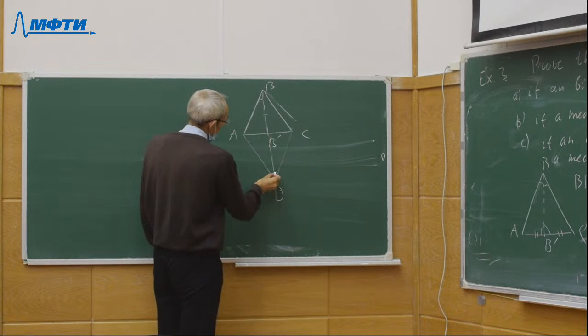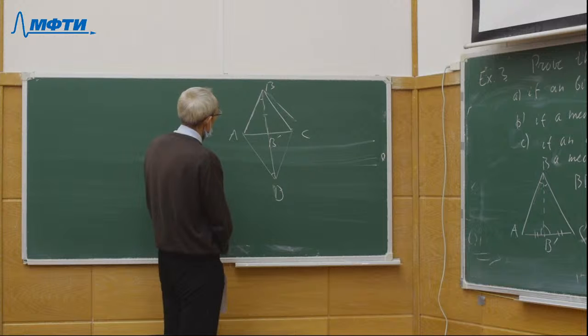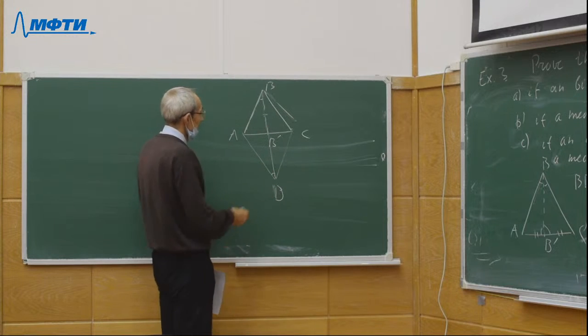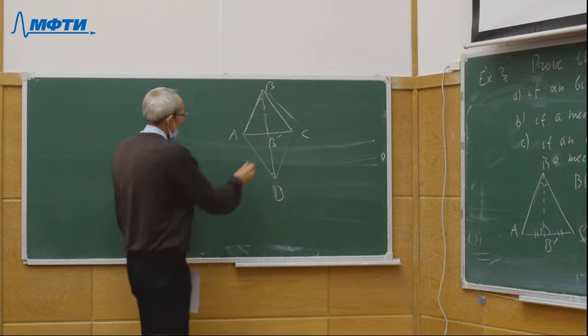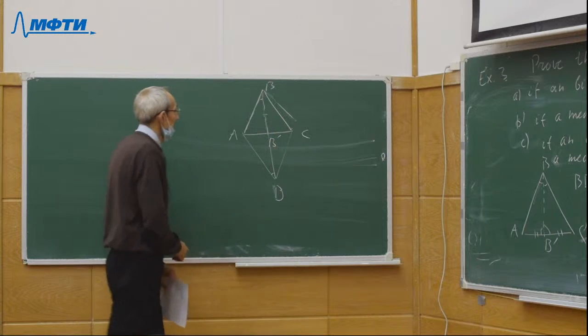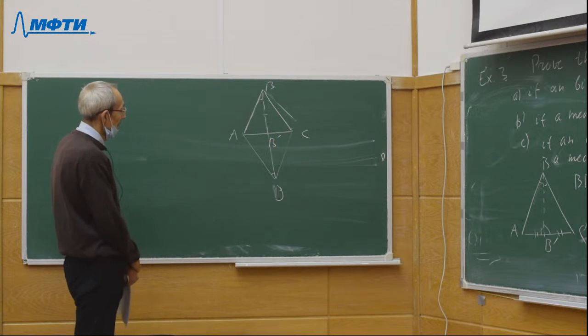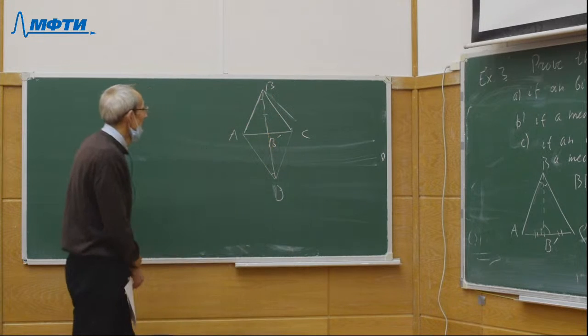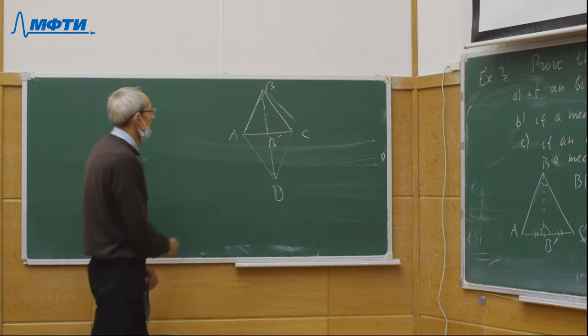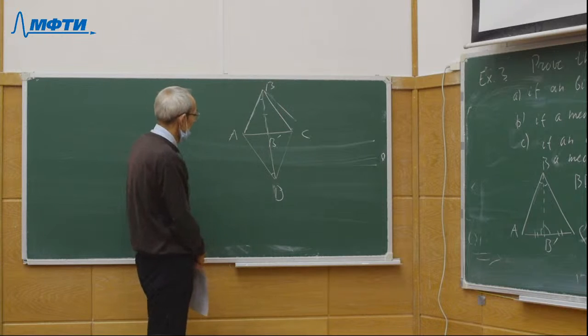Let's compare this angle and this angle. Symmetrically continuous. This angle is equal. These sides are equal. And then this triangle and this triangle are equal.